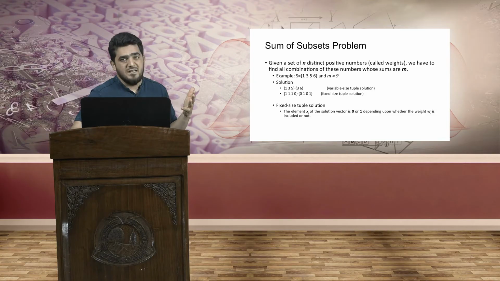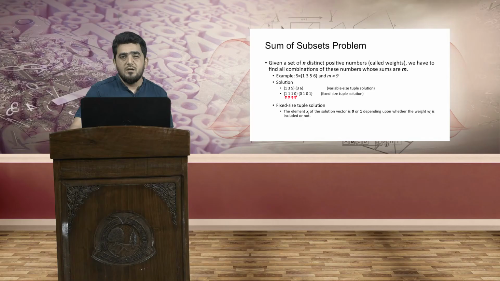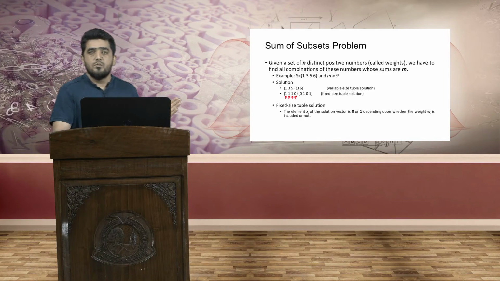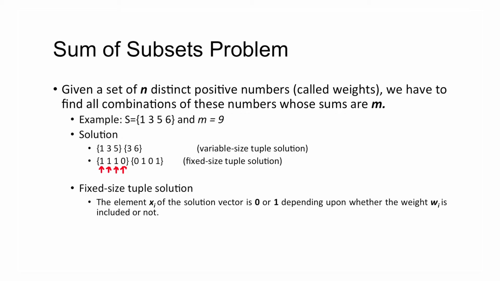Now what do they mean? Let's consider this solution vector here: this is x1, this is x2, this here is x3, this here is x4. We refer to the elements in a solution vector as xi, x1, x2, x3, and xi will be equal to 0 or 1 depending upon whether its corresponding weight, which is referred to as wi, is included or not.